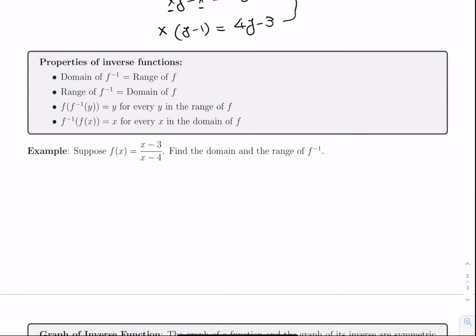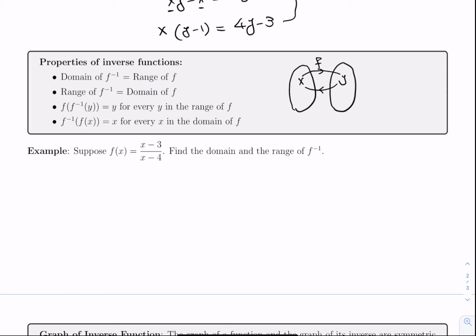Let's take a look at the properties of inverse functions. We define the inverse function in a way that if f of x equals y, and f is a one-to-one function, then f inverse of y equals x.